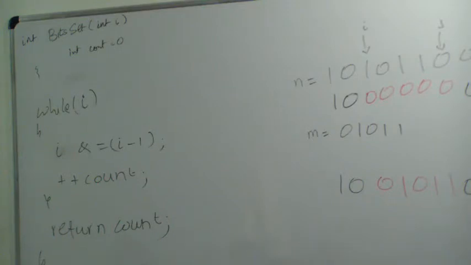We have to assign that value back to I so that it keeps on reducing. Then just return the count.